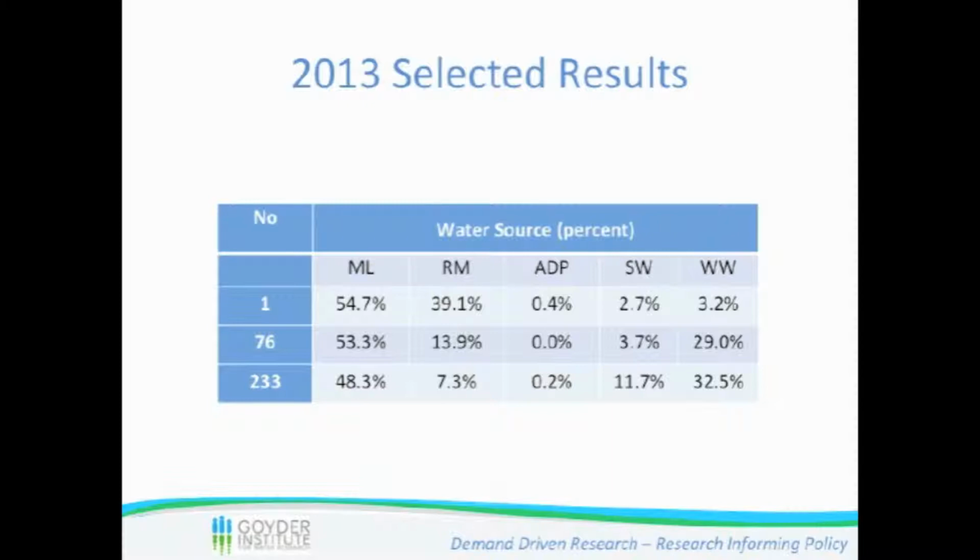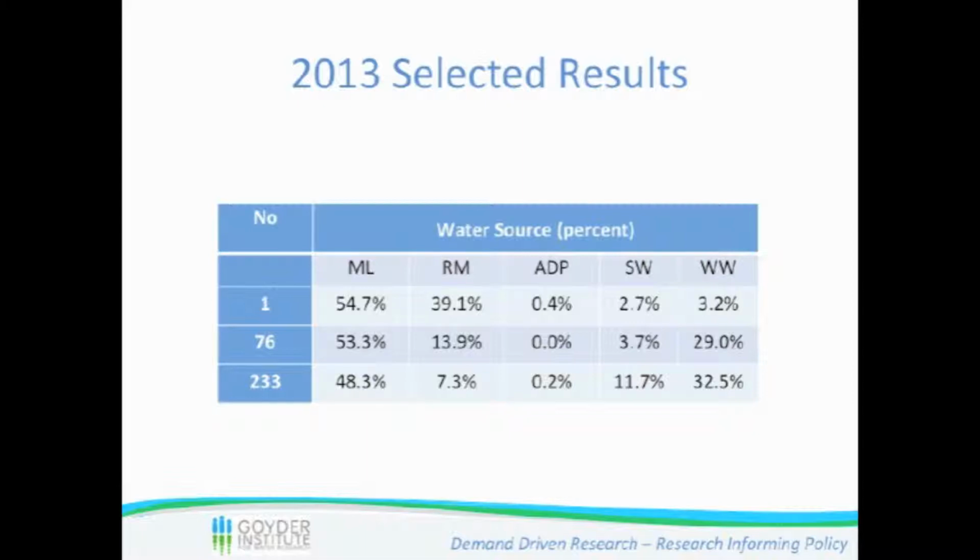But what's of more interest in terms of these solutions is what mix of water we are actually coming up with here. Well, we find for these solutions that the Mount Lofty Ranges are supplying, this is under current conditions, about 50% of the water. The River Murray, if you want to go for a minimum cost solution, would supply about 40%. But if you wanted to reduce the discharge to the coast, you can drop that down quite a bit, supplying about 7%.